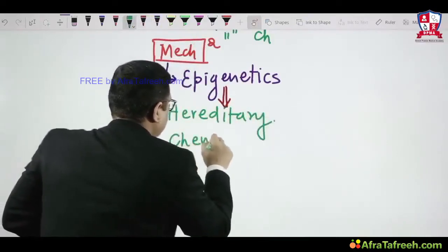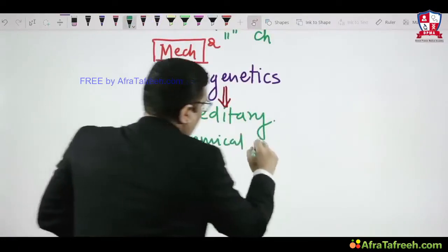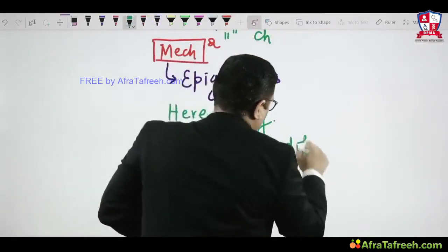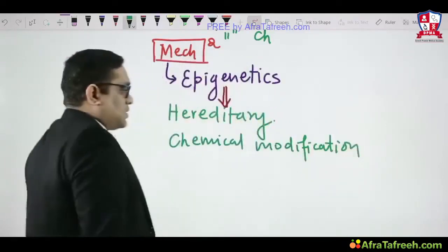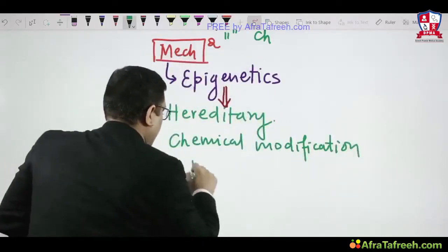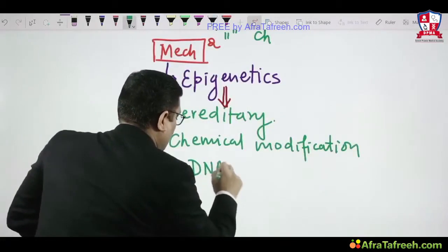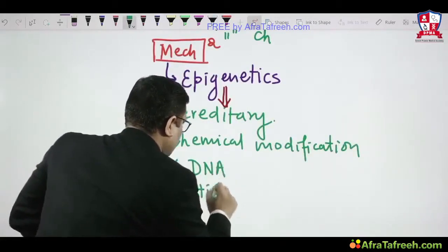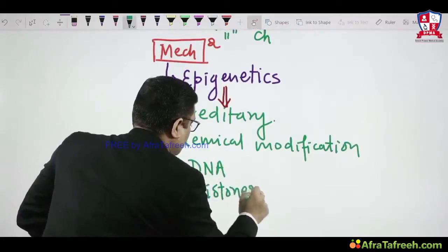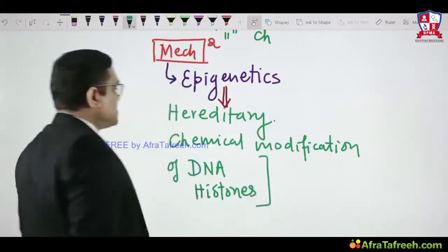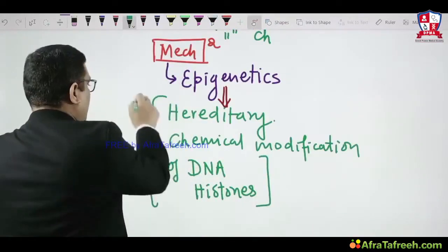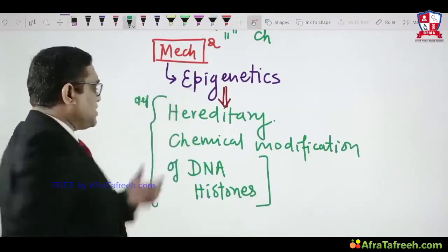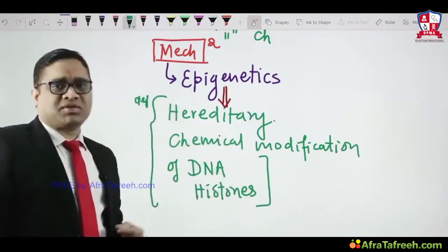So hereditary chemical modification of DNA or histones. So this is the definition of epigenetics. Epigenetics is defined as hereditary chemical modification of DNA or histone.